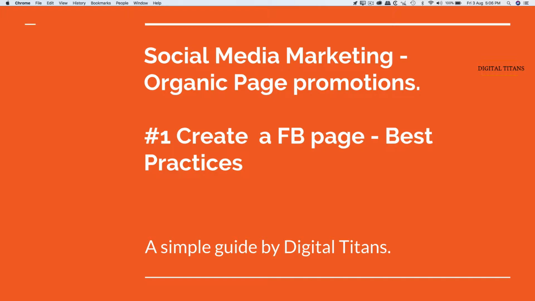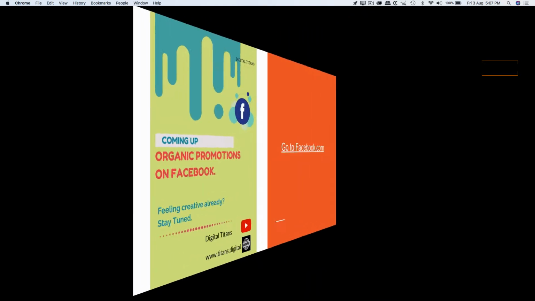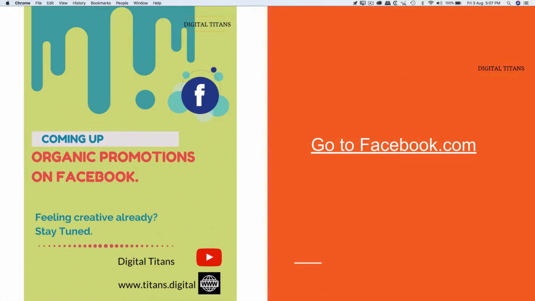So to start with, what we will be looking at now is how do I create a Facebook page to effectively promote my products or services, and these are some of the best practices that is followed across the industry. So moving forward, we have organic promotions on Facebook, as I promised you in the last session.